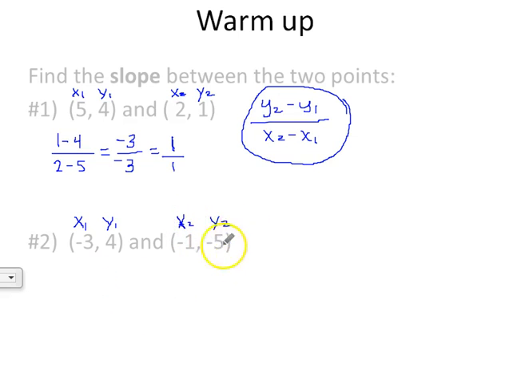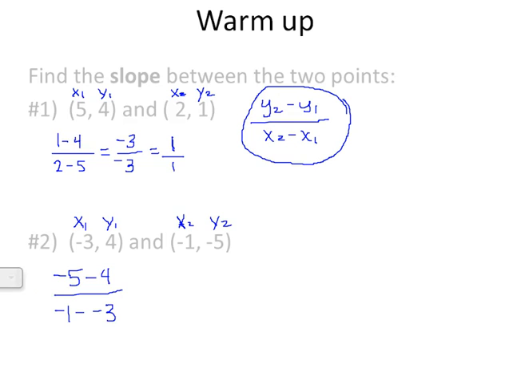We subtract our y coordinates, our second y coordinate, which is -5, minus our first y coordinate. And we do the same with our x's. We take our second x coordinate, which is -1, and we subtract -3. Note that there's two negatives there, because we're subtracting -3 from -1. So we get that double negative in there.